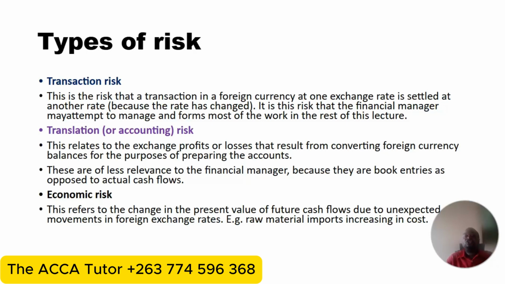So by the end of the day, you are likely to gain or to lose the value of your money. This is the risk financial managers attempt to manage and forms most of the work they do, right? And it also forms almost the major part of this topic or this lecture.